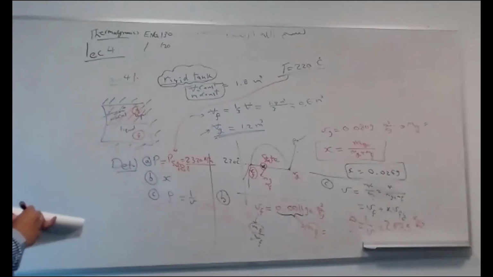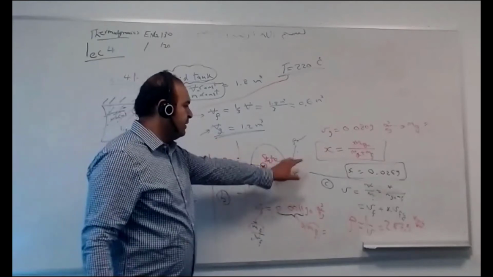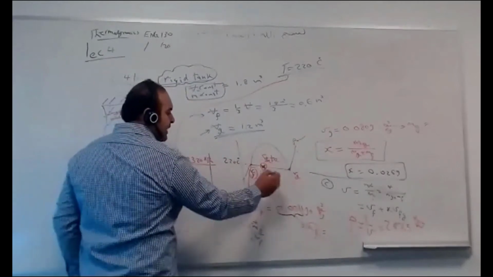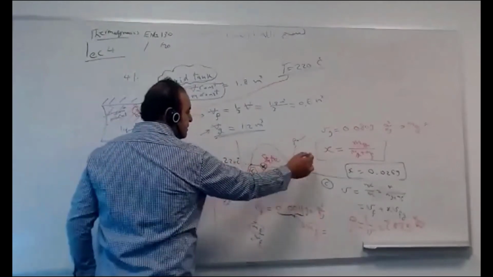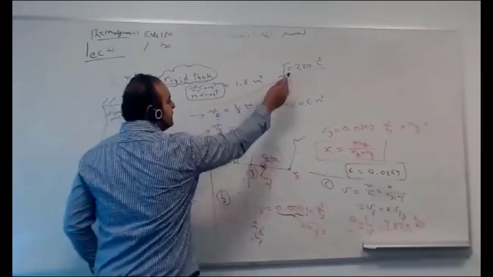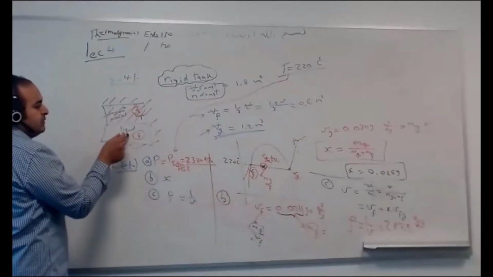Okay. So any state can be either compressed liquid, mixture, vapor, saturated vapor. So mainly it's compressed liquid, mixture, and superheated vapor. He gave me the temperature. He said 1/3 is liquid.